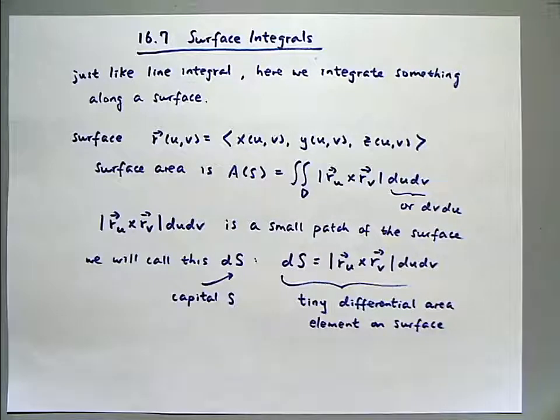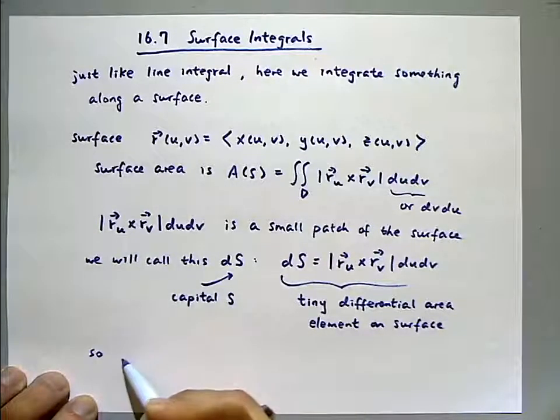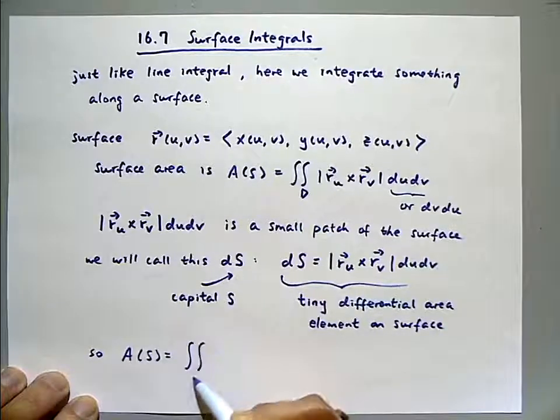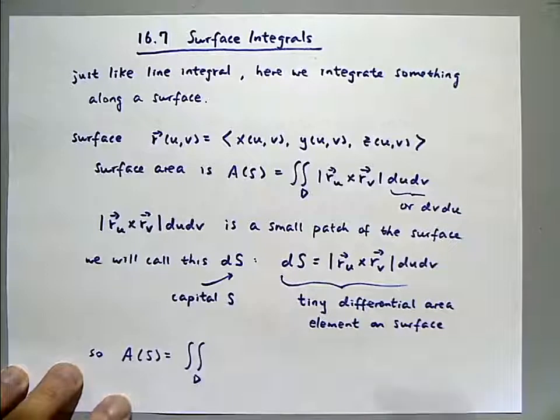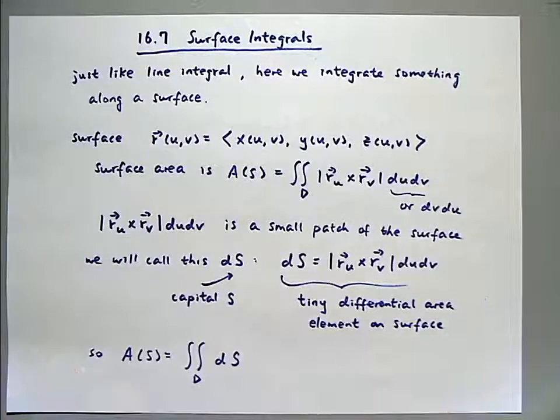Just like the d little s when we do the line integral, it's a tiny little segment of the curve. Here, d big S is a tiny little patch of that big surface. So the area of that surface is simply the double integral over the domain of the parameters d big S, right? So that's our area.